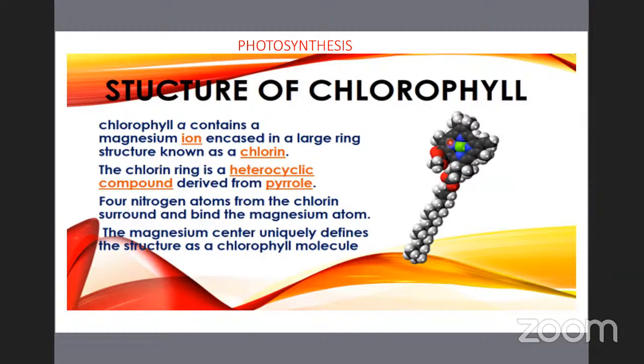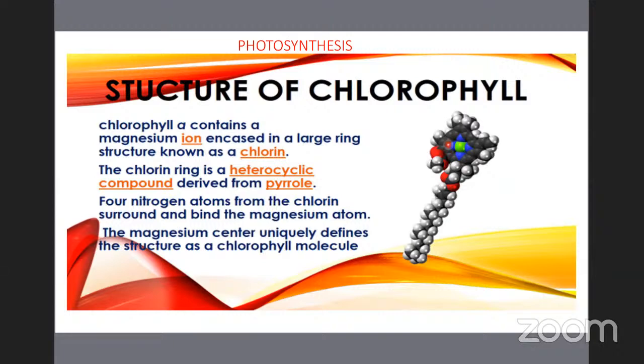So the magnesium ion is encased in a large ring structure known as chlorin, and this chlorin ring is a heterocyclic compound derived from pyrrole. Pyrrole structure. That means 4 nitrogen atoms from the chlorin surround and bind the magnesium atom. Here this green color is magnesium, surrounded by 4 nitrogen atoms. Each nitrogen group makes one pyrrole.